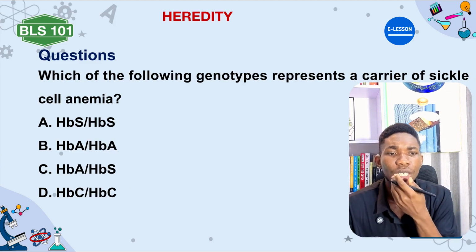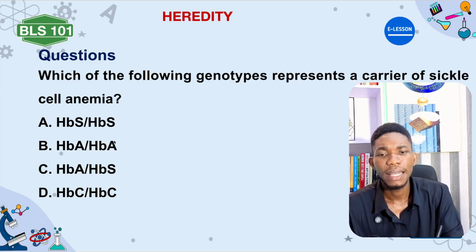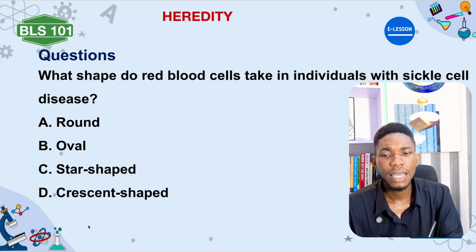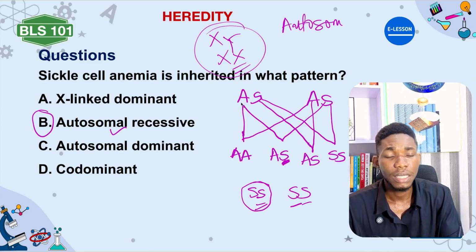Which of the following genotypes represents a carrier of sickle cell anemia? Now, for sickle cell anemia, all this AS we are talking about is in the hemoglobin. Are you getting it?